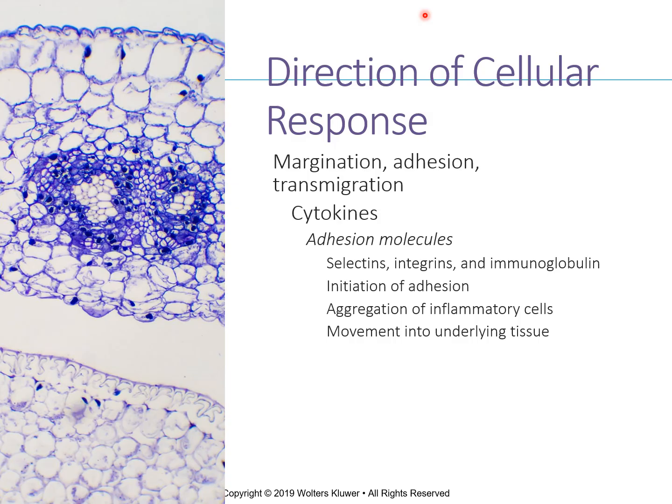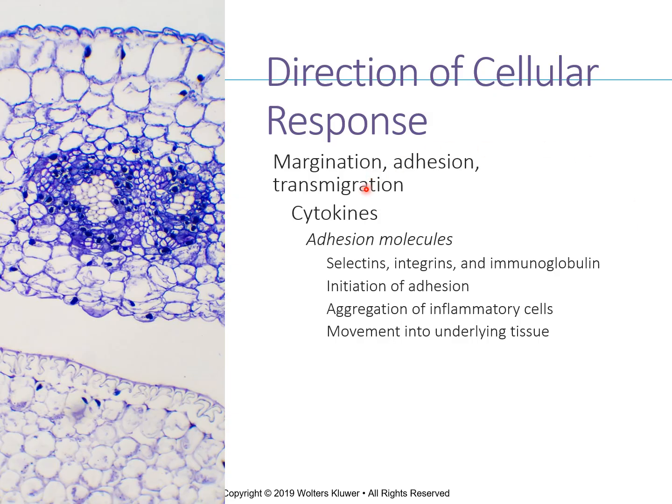Once they stick to the inside of the blood vessels, they signal that endothelium, that lining, that semi-permeable barrier between the blood vessels and the tissues. They signal the endothelium to start to separate, and that allows the leukocytes to start filtering through and entering into the tissues. And that's the piece that we call transmigration.